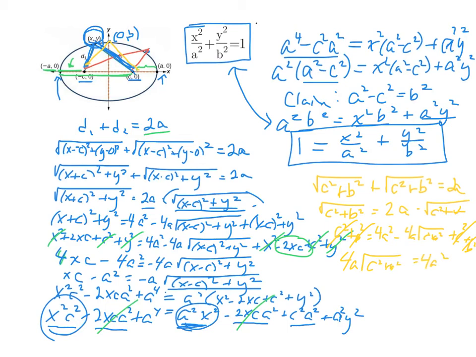All right, so divide both sides by 4a, and I think you're seeing where it comes from now. Then we square both sides, and we get c squared plus b squared equals a squared, or b squared is equal to a squared minus c squared. And there we have it.